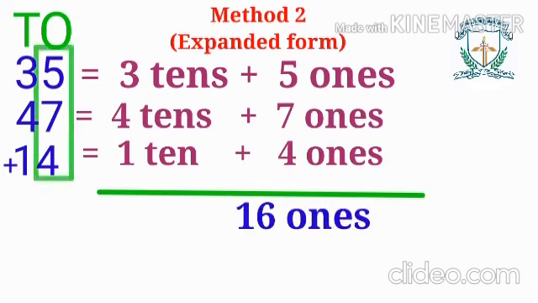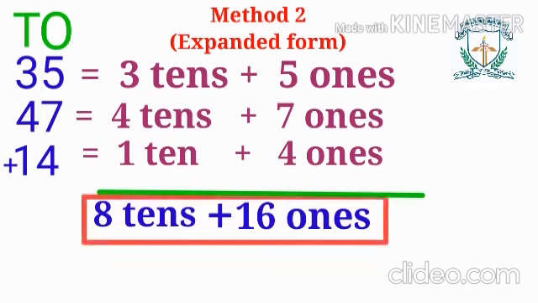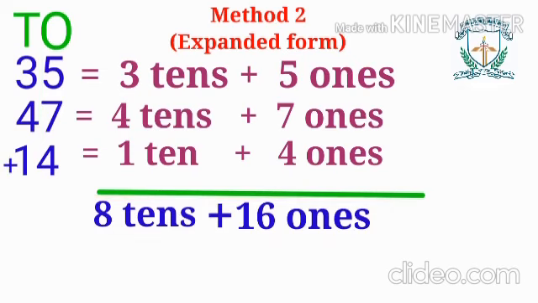Next, we have to add all the ones place digits, then the tens place digits. After adding all the tens and ones, we get 8 tens plus 16 ones as the answer.